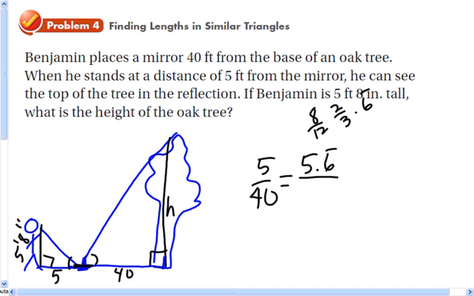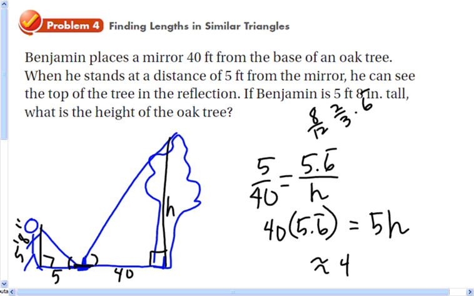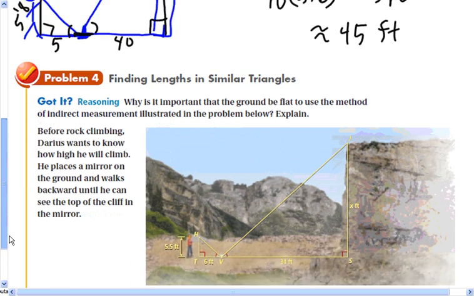And then the height of the tree will just go there. Then I'm just going to multiply 40 times 5.6 repeating, and that should equal 5 times H using the cross product property. And so if I divide both sides by 5, I get about 45 feet for the tree. All right? Go ahead, you try it here.